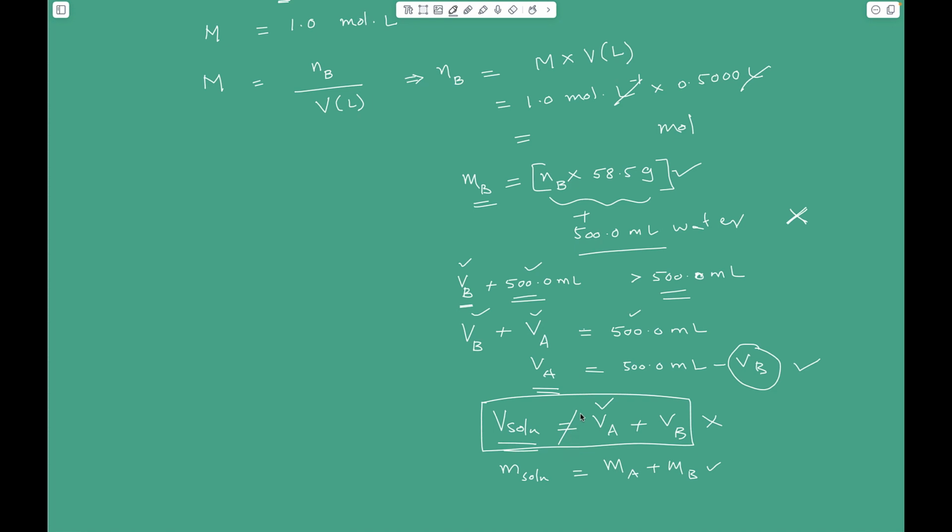In the preparation of some solutions, there is an increase in volume. In the preparation of some solutions, there is a decrease in volume. Sometimes this might hold good.